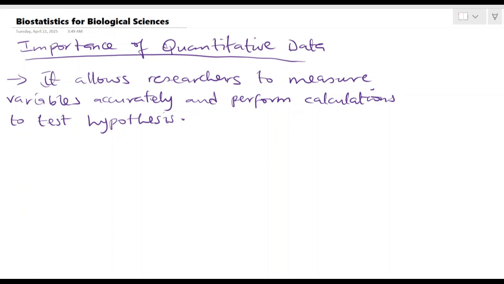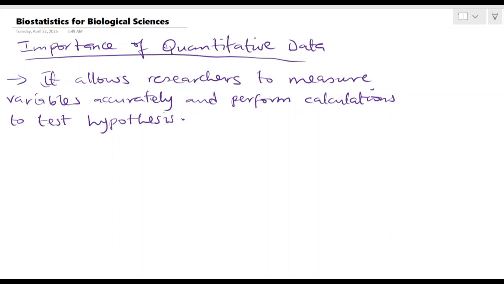So that's pretty much it. We've looked at the discrete data, we've looked at the continuous data. Discrete data can also be referred to as countable values that are separate and distinct. They often represent whole numbers. Like we said, they cannot be subdivided.